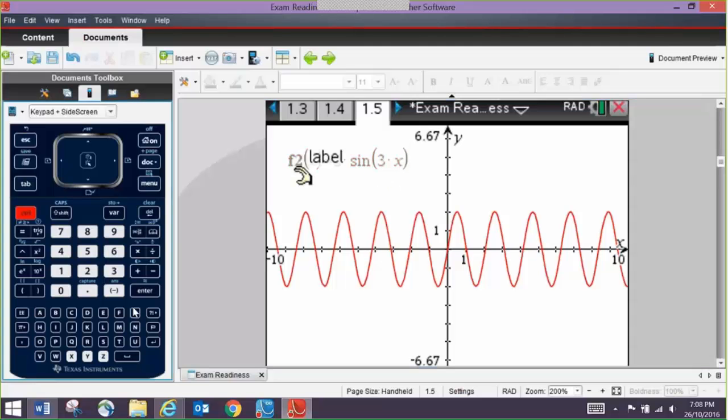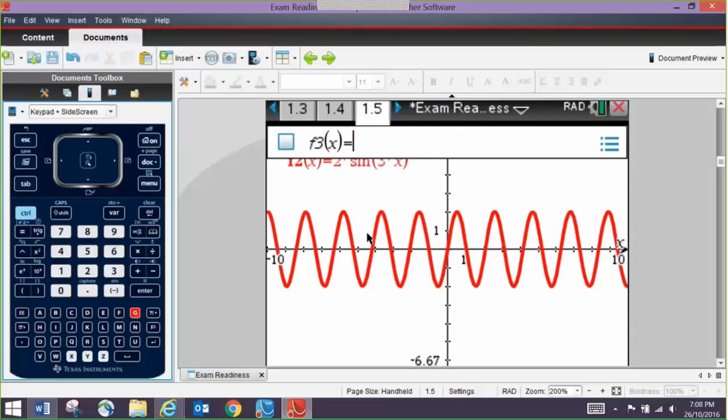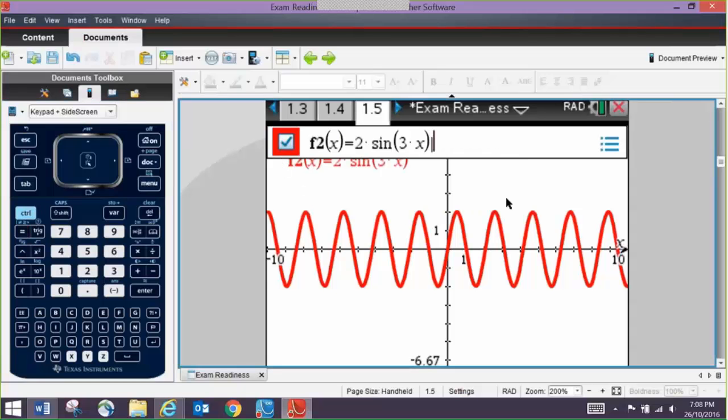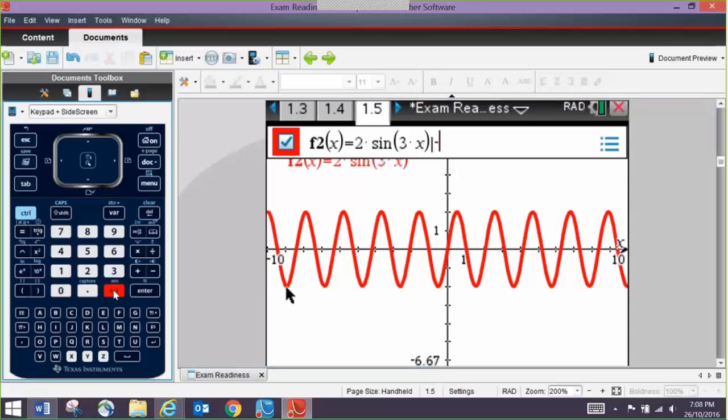I'm going to get the entry line there, go back to this one, and put in a domain. Quite often the standard level and high level questions, when they've got a circular functions question, need you to enter a domain. We can do that through the control equals menu and the given, and I'm going to put in negative pi on 2.